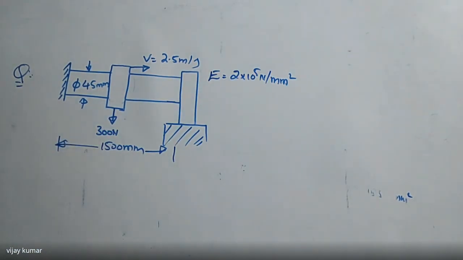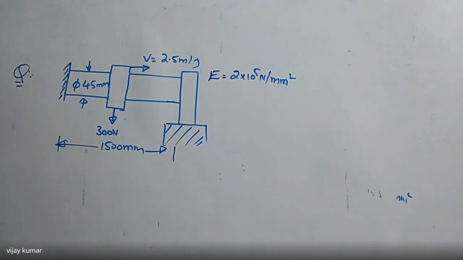What I am saying here is, a block of weight 300 newtons is sliding with a velocity of 2.5 meters per second and impacts the rigid collar. Then find the stress induced in the bar after impact by this moving weight.